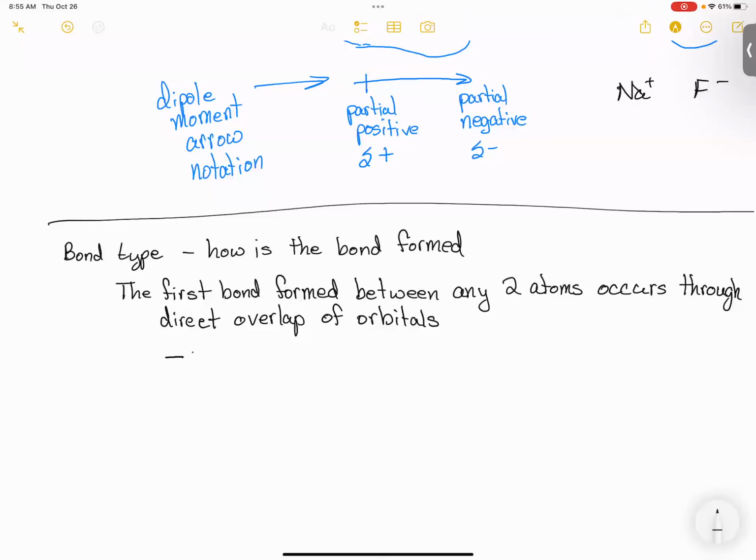These bonds are called sigma bonds, and are represented with the small Greek letter for sigma.